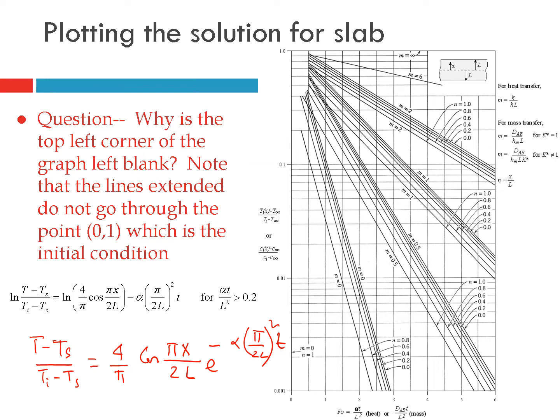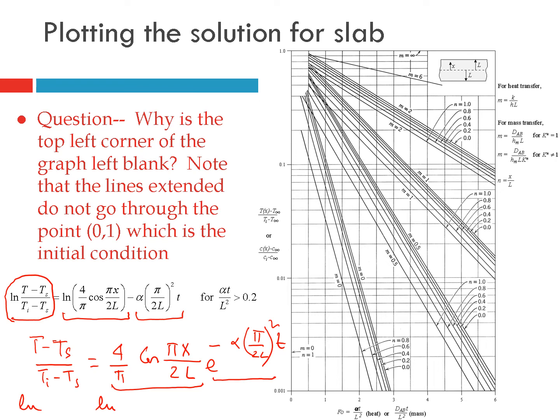Then if I take the natural log of both sides, the left hand side is the natural log of T minus Ts over Ti minus Ts, and the right side is an exponential, so if I take the natural log, I get this quantity.